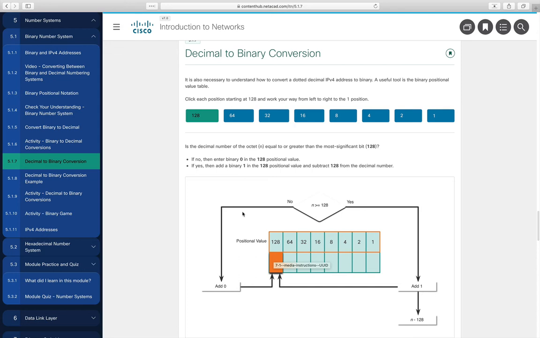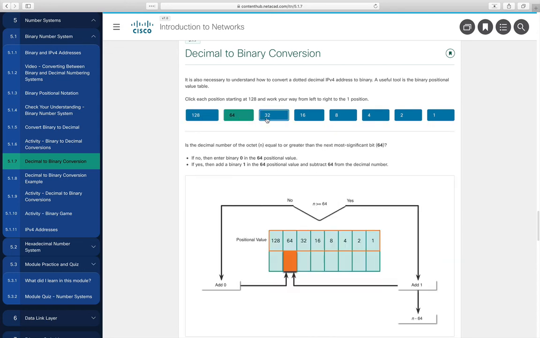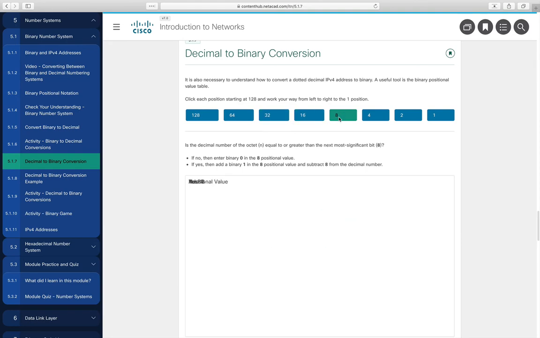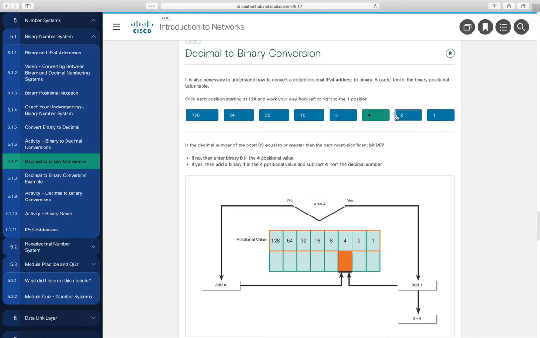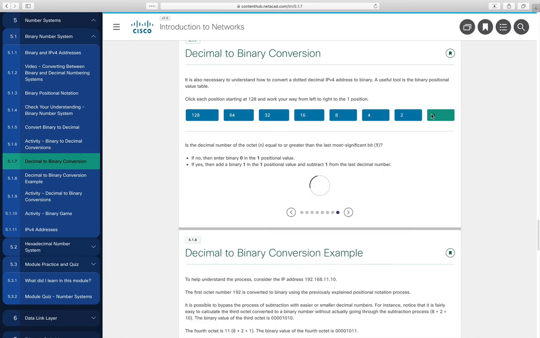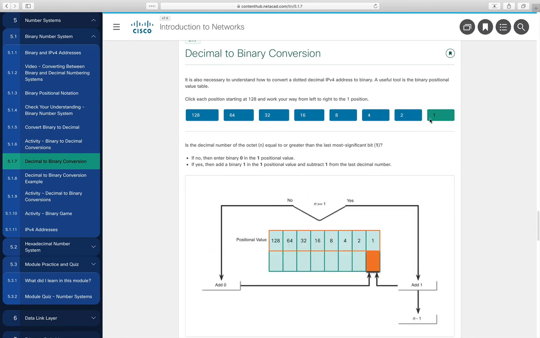Let's say in this case we cannot, so we would put a 0 in this value. Keep the same number and say, okay, from that number, can I subtract 32? So we're basically going through bit by bit and putting a 1 or 0 there. And if we put a 1 there, then actually doing a subtraction until we get down to the last bit.